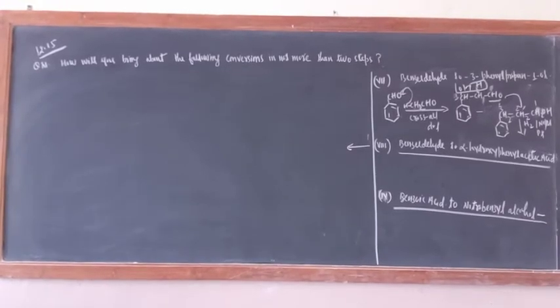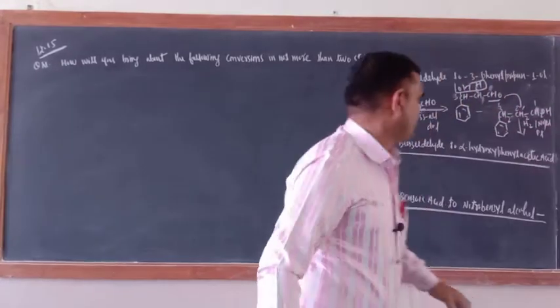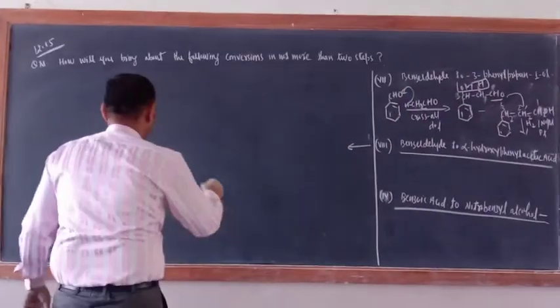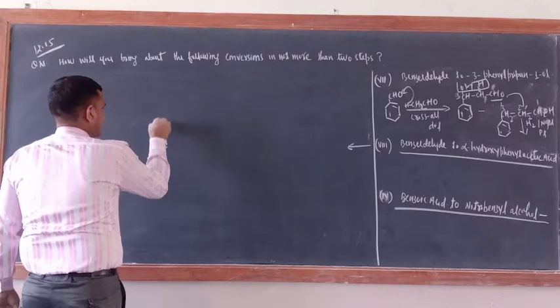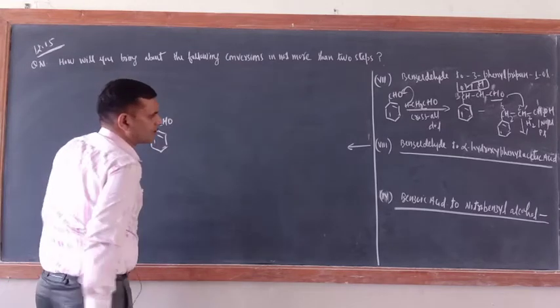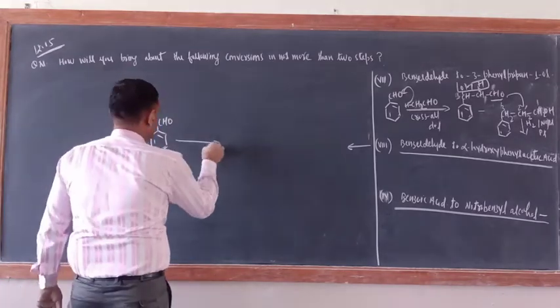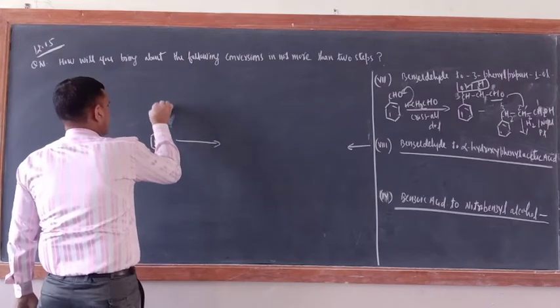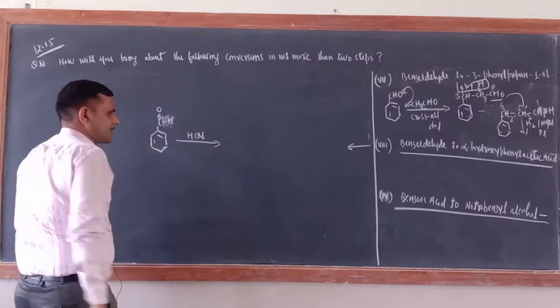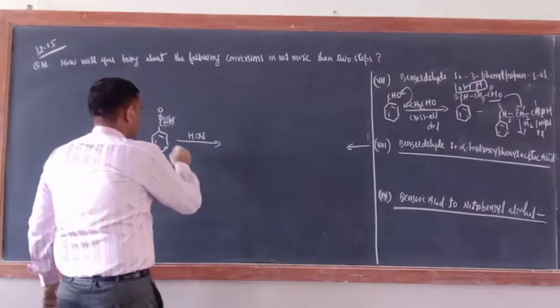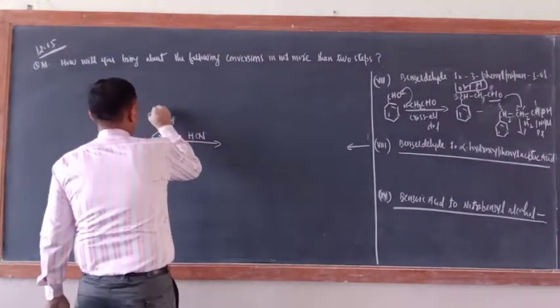Benzaldehyde to hydroxyphenyl acetic acid. This is benzaldehyde, CHO. Now its reaction with C double bond OH, with HCl. Okay, don't worry. So just see, H will go here.